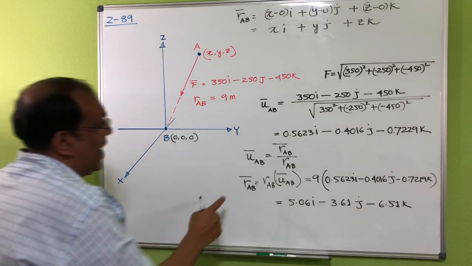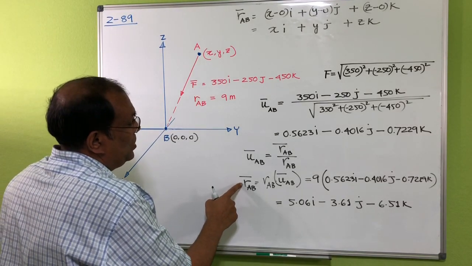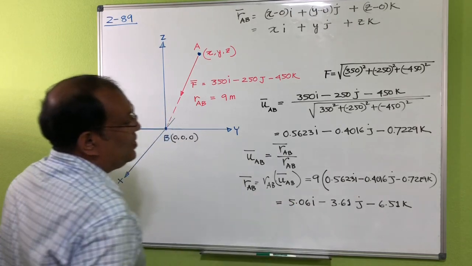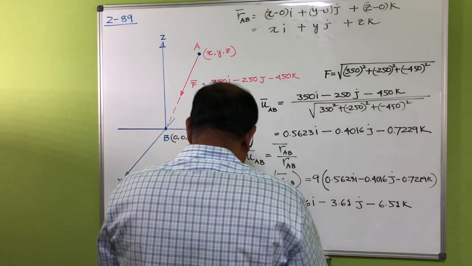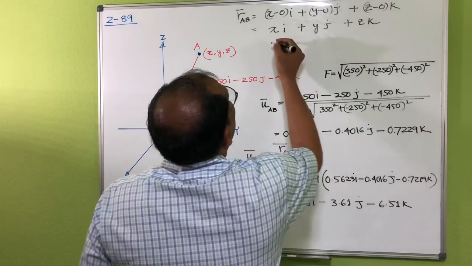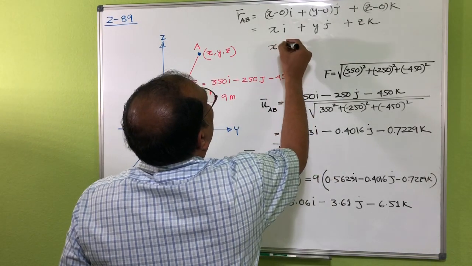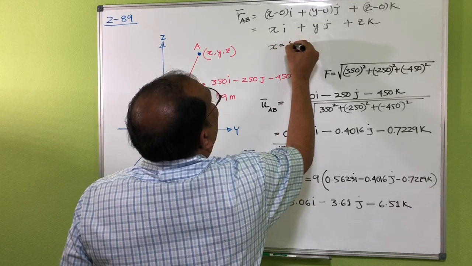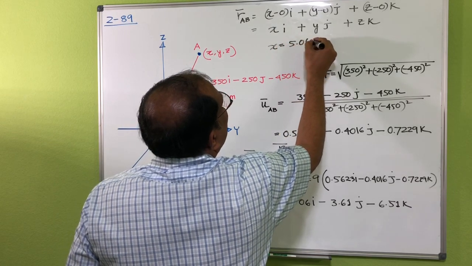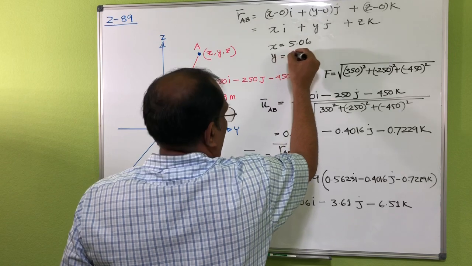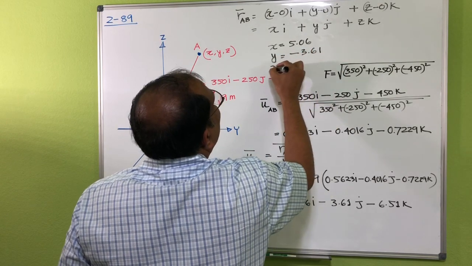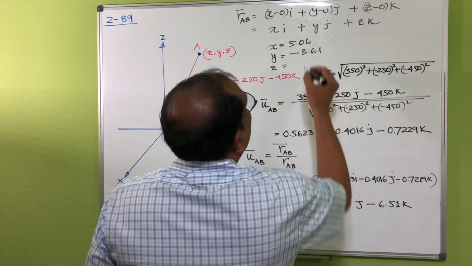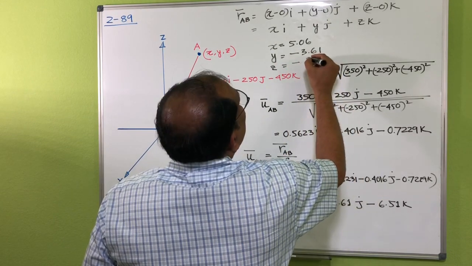Again, you also have the position vector is this one. So if you compare this one with this one, then basically you can find out that x is equal to 5.06, y equal to minus 3.61, and z equal to minus 6.51.